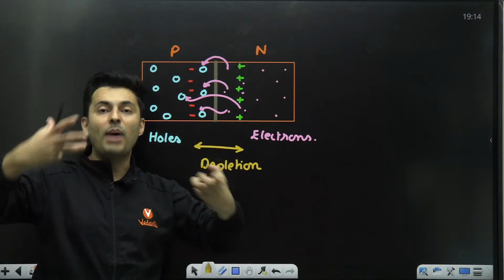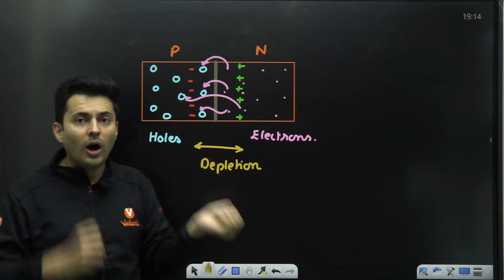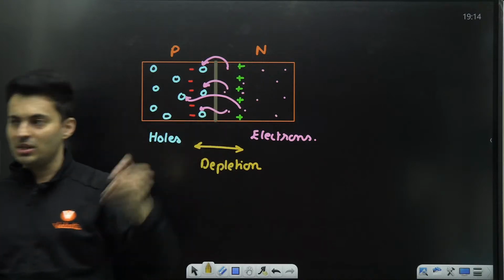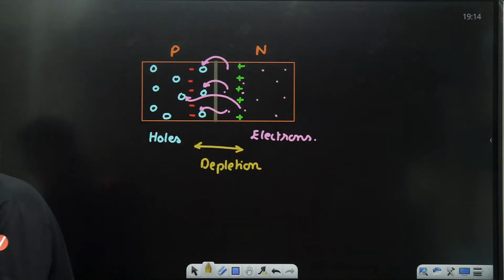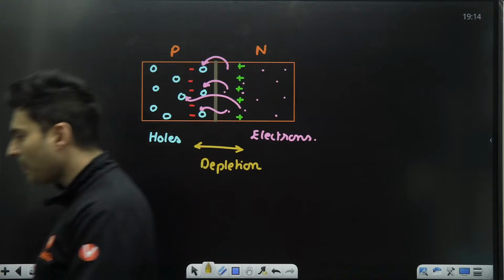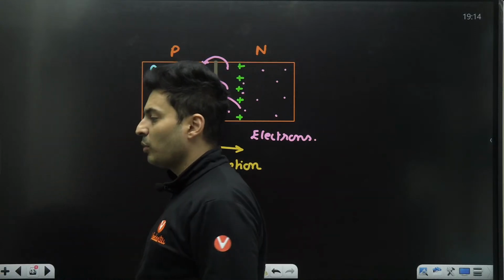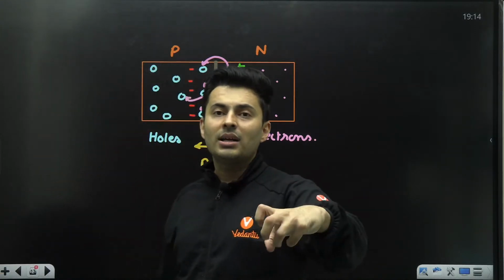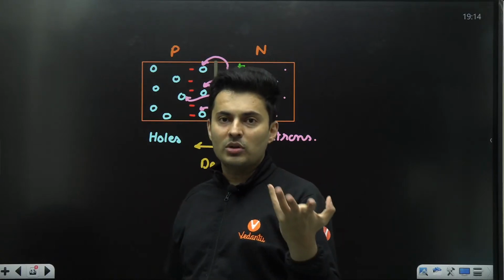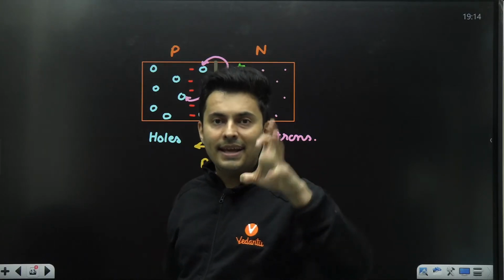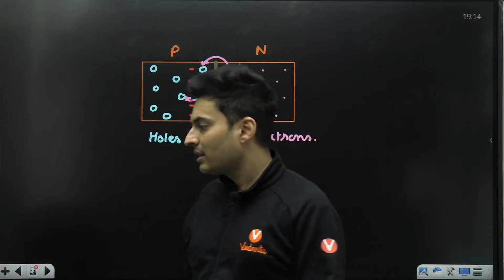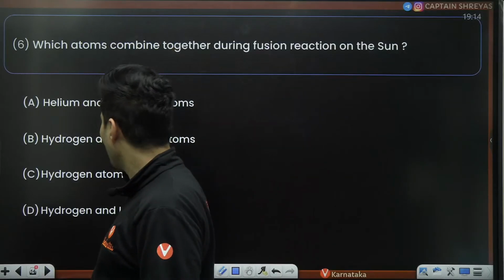And this creates a barrier. This acts like a wall to prevent more electrons from jumping. That is what it is. I hope, Jayant, this is clear. You cannot say P is positively charged. P has more accepting tendency. It is not positive. N is not negative. N has more donating tendency. That's all. Okay. Moving on.